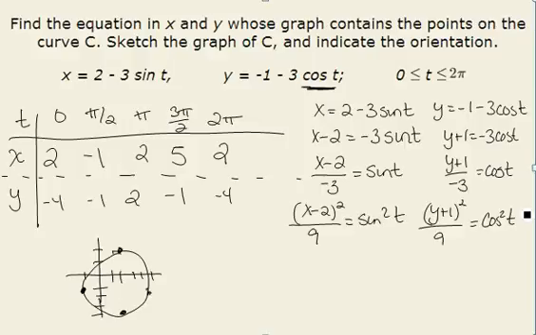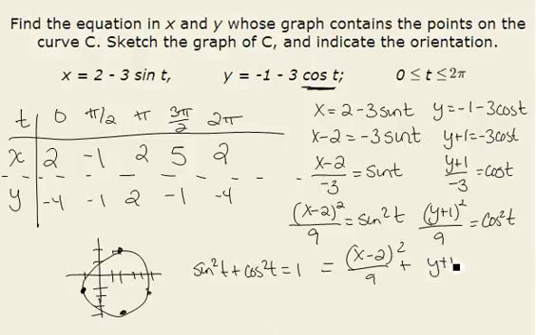Again, we wanted to write in terms of sine squared and cosine squared, because now we can add our two equations, knowing that sine squared t plus cosine squared t is equal to 1, which is also equivalent to x minus 2 squared over 9 plus y plus 1 squared over 9.